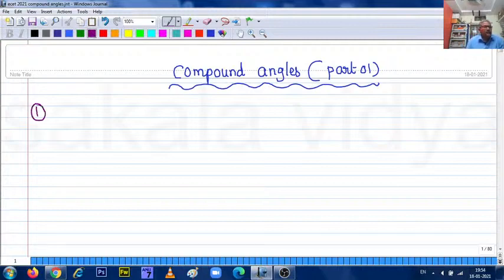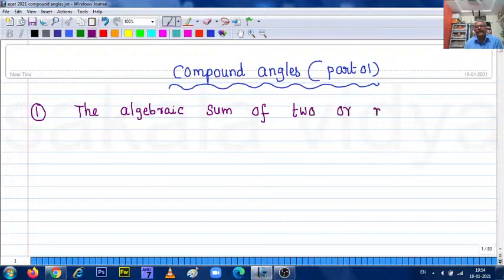So the first point: what is meant by compound angles? Compound angles means the algebraic sum of two or more angles is called a compound angle.